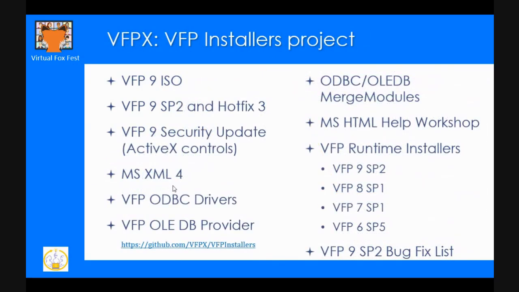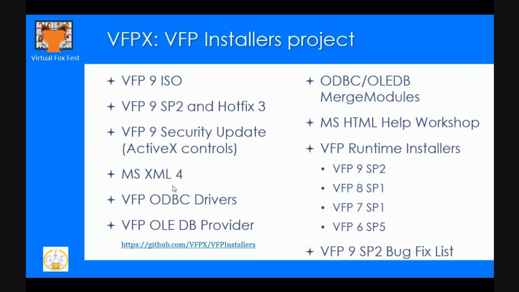Fortunately, the community has stepped forward and has set up the VFP installers project on VFPX. So you can download the VFP9 ISO, which is the install package that you would have on the DVD. You still, of course, need your key, so it's not like you can just install Visual FoxPro from VFPX. It's not free; it's licensed.